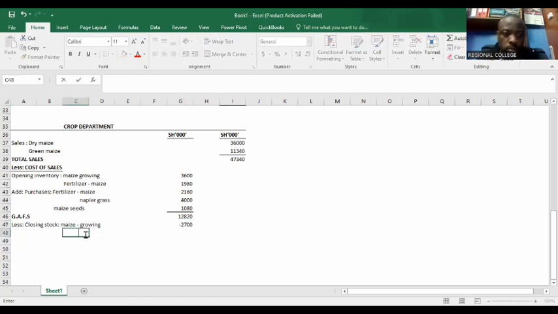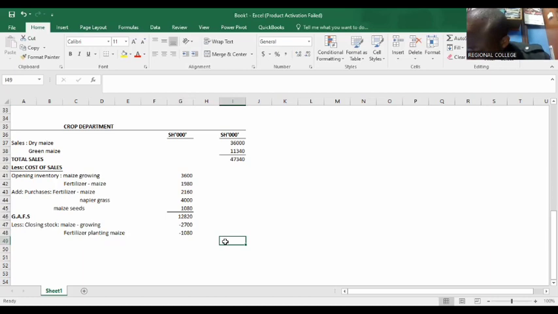The next one, we have fertilizers for planting maize, 1080.